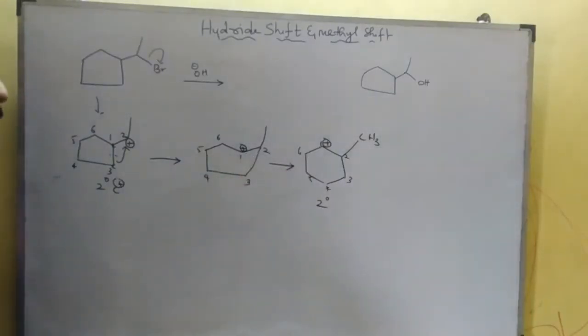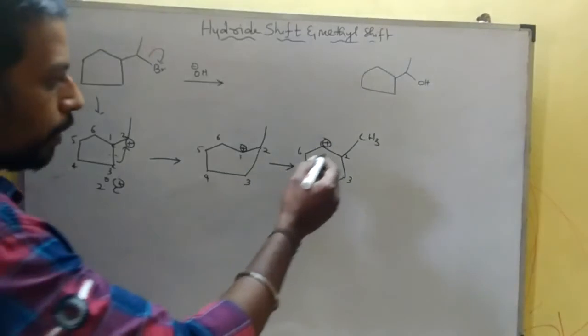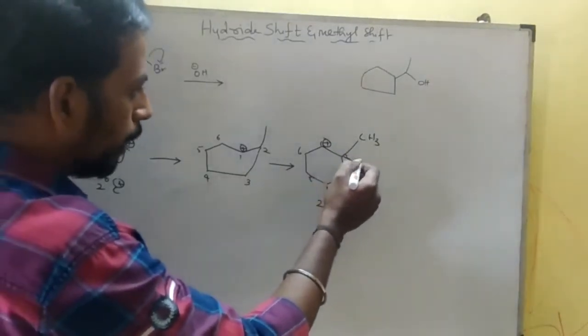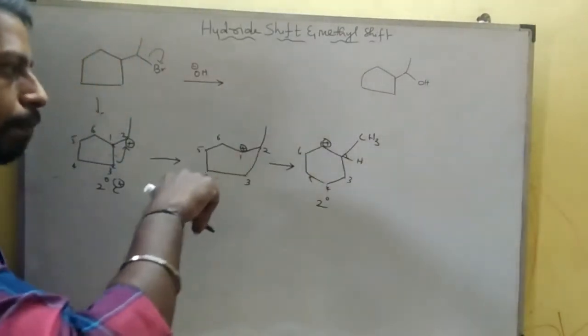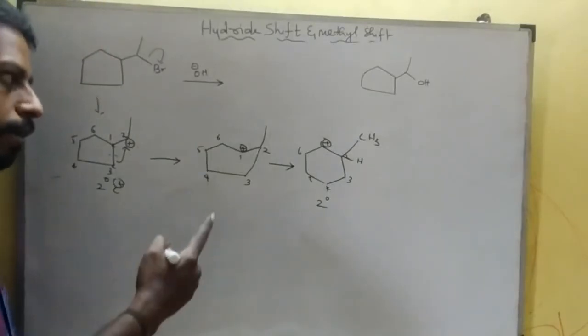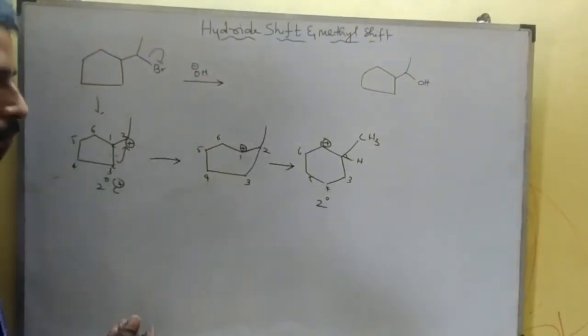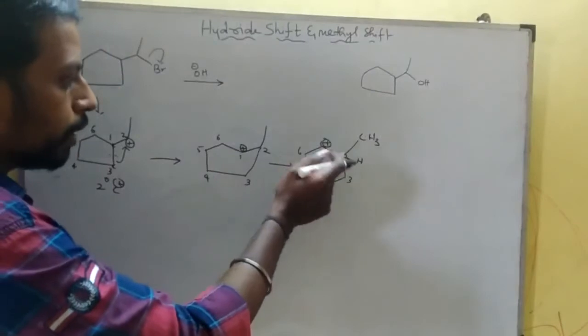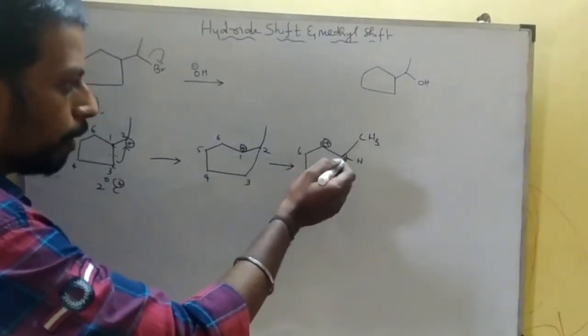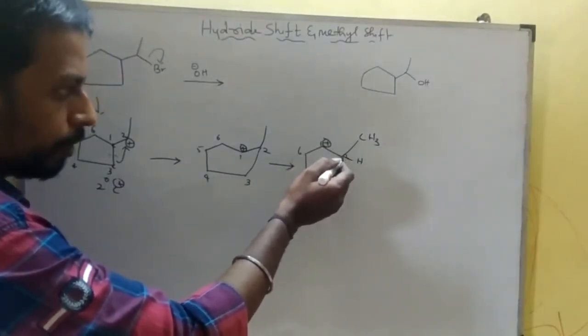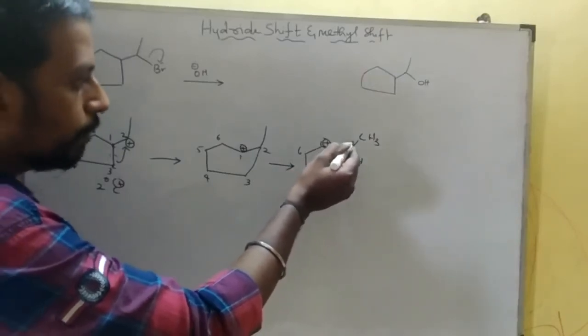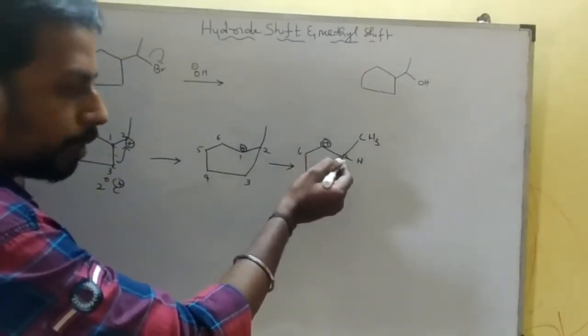And this secondary carbocation stabilizes itself to form a more stable carbocation; by which shift, you have to decide. Here we have 1 methyl group and 1 hydrogen. If a hydride shift happens, this hydrogen comes here and this carbon becomes the carbocation. If this alkyl group comes here, again this carbon becomes the carbocation.